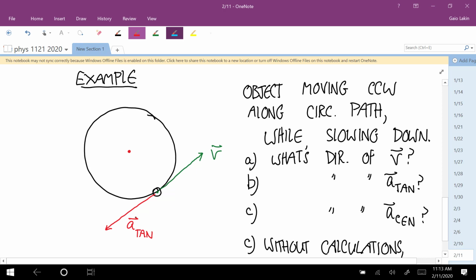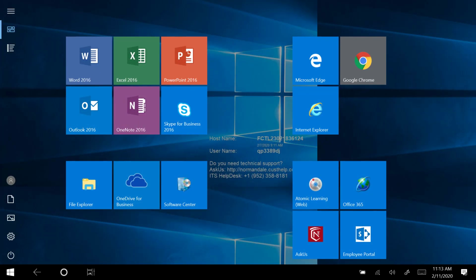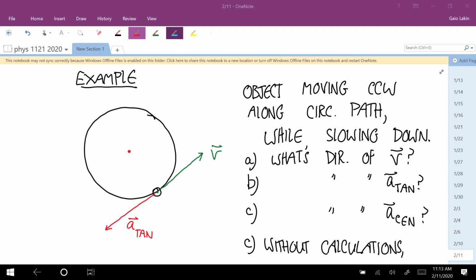The centripetal acceleration is, there's always a simple answer for that. In circular motion, it just points right toward the center. And notice those still have to be perpendicular to each other. The center, going toward the center, is always perpendicular to the tangent.